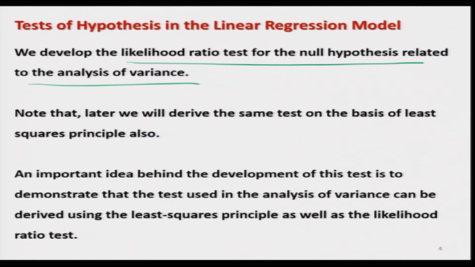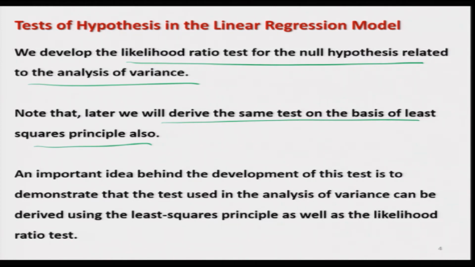And remember one thing: whatever I am going to develop here using the theory of the likelihood ratio test, I will find out the same test once again on the basis of the least square principle at a later stage.